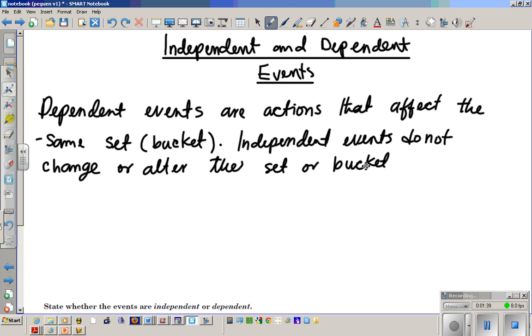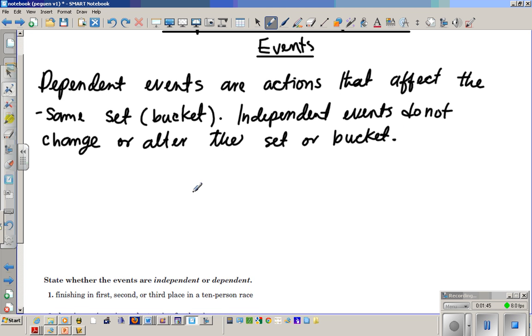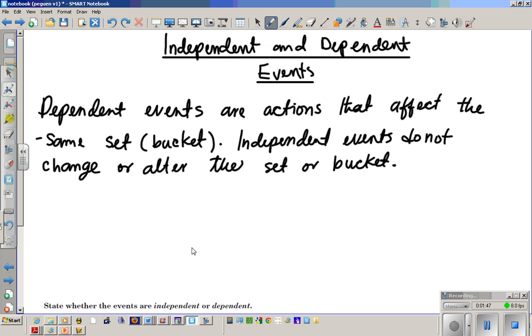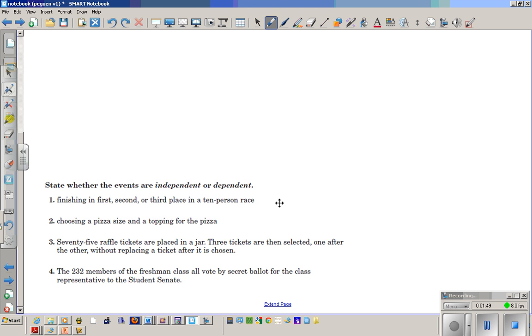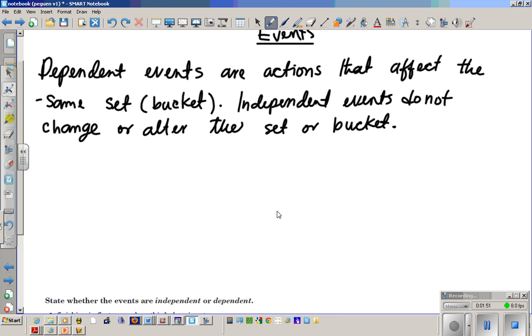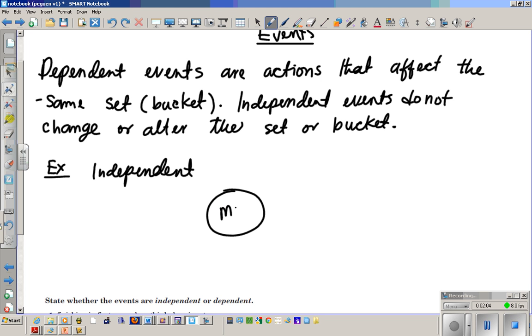All right, so what are some examples of independent events? Let's say aliens on Mars and people on Earth. That's an example. So let's write down an example of independent events: people on Mars and people on Earth.